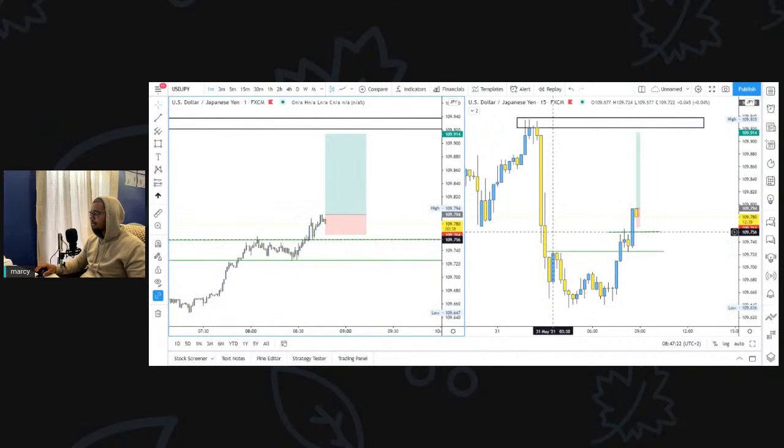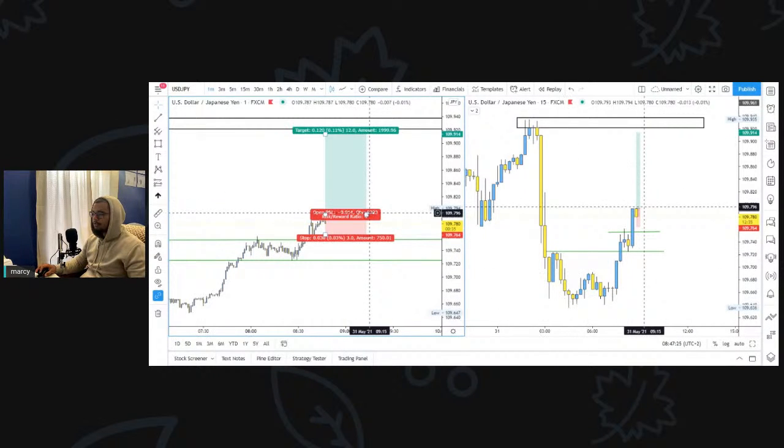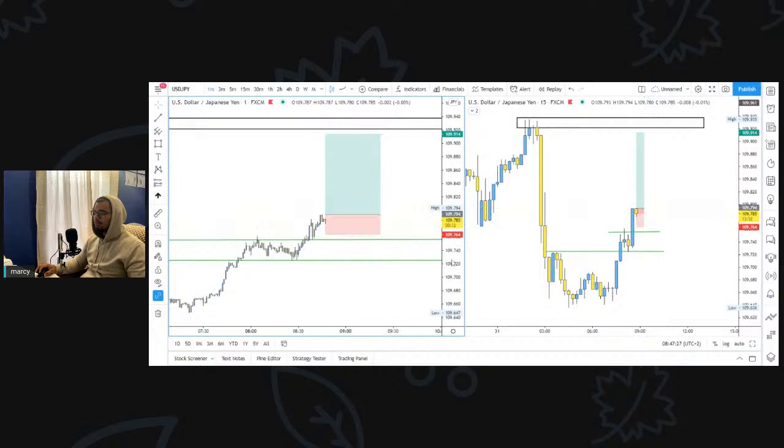All you're expecting is that the next candle is going to be bullish, and that it's going to give you enough momentum to, let me see, this thing actually needs to move here. USD JPY, we have 1%.